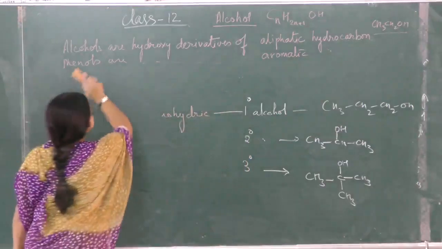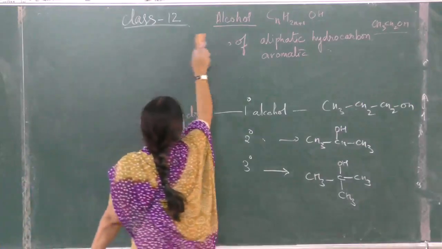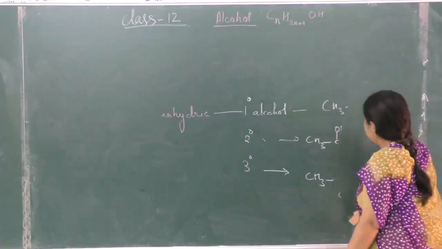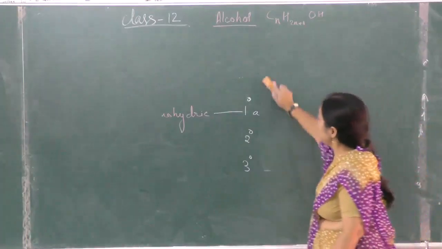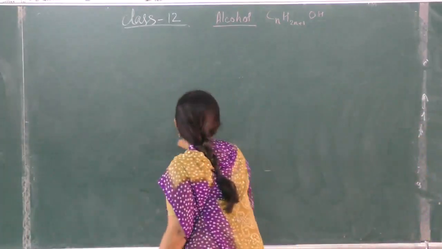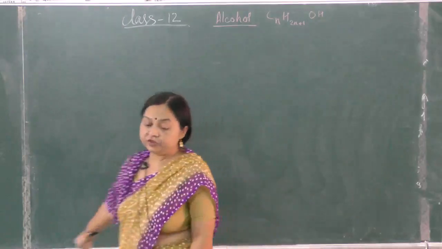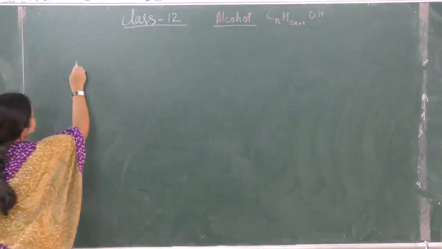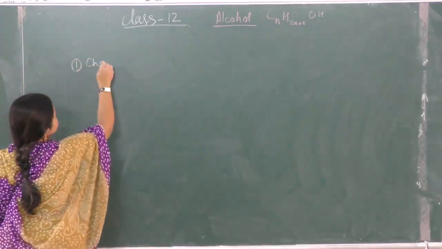Now isomerism. What are the isomers of alcohol? It exhibits chain isomerism, functional isomerism, position isomerism and optical isomerism. First we will see chain isomerism.